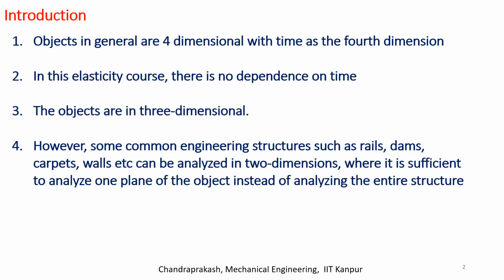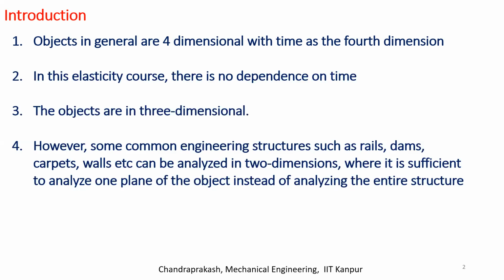Physically, if you look at a paper, it has a certain thickness, maybe 20 micron, 30 micron, 100 micron. But for most engineering analysis, it is sufficient to analyze things in the plane of the paper instead of analyzing the entire structure.